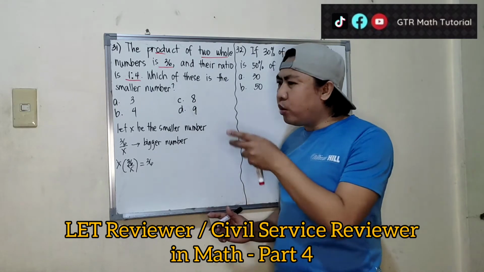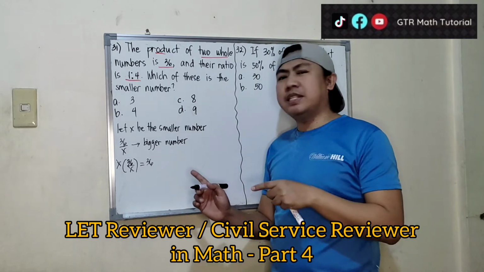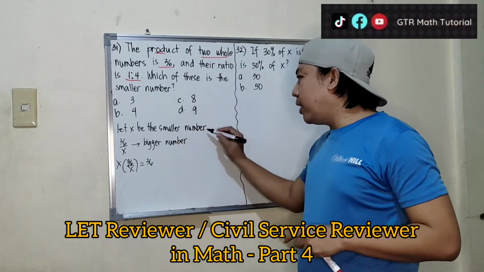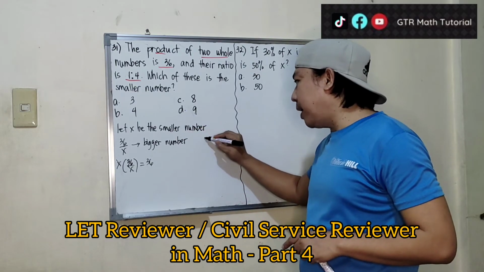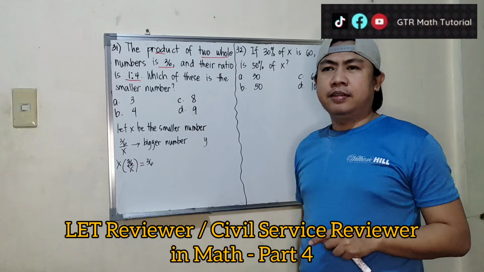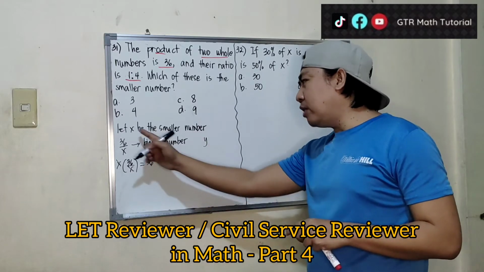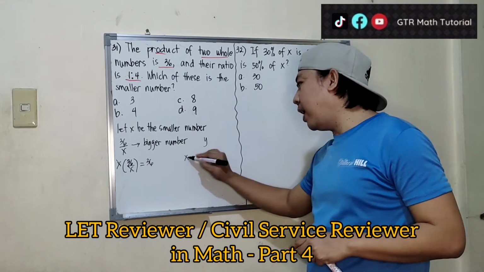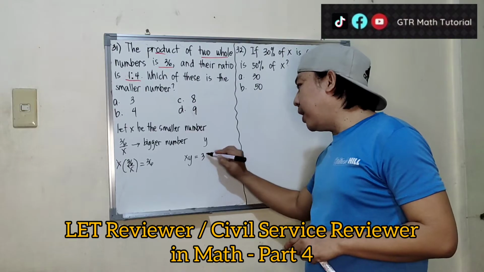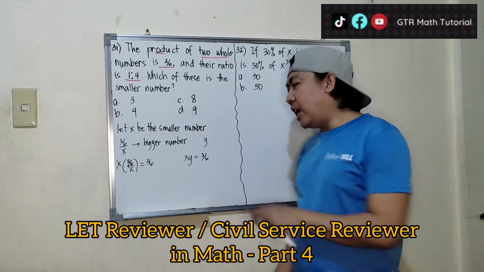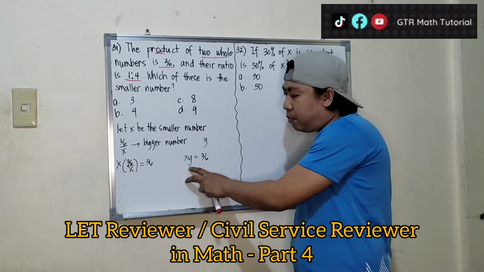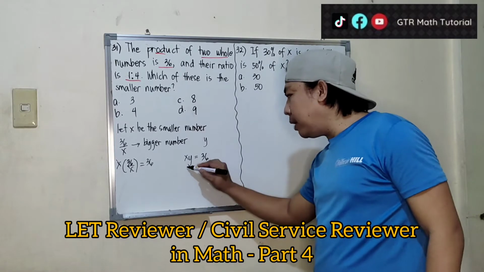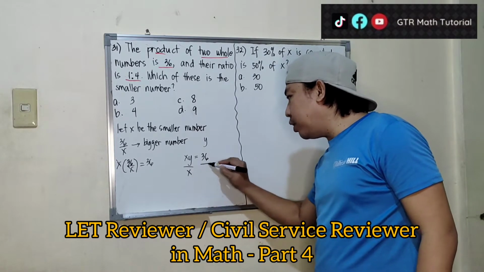Pero pag two unknowns ang ginamit natin, ganun pa rin ang kakalabasan. Halimbawa, ang smaller number natin ay x, tapos ang bigger number naman natin ay y. Dalawa yung magiging unknown natin, x and y. Ang product daw nila, xy equals 36. Then, solve natin yung y. Solve for y, divide both sides by x.